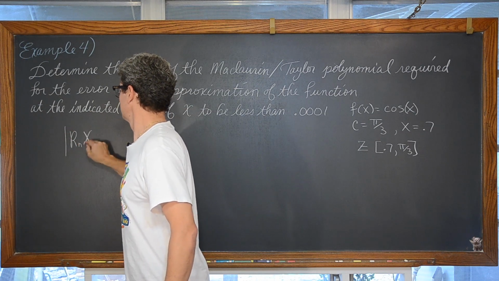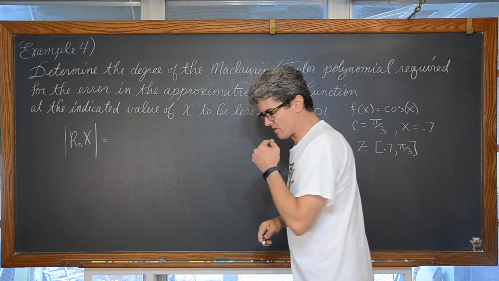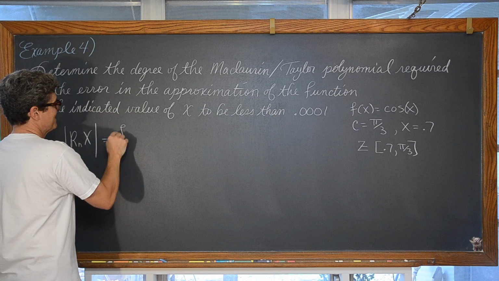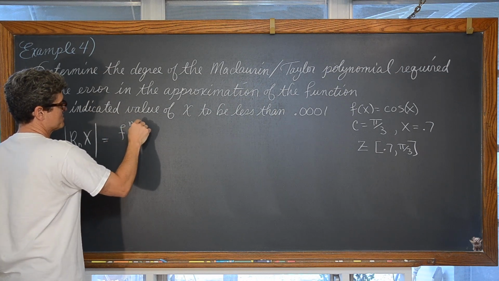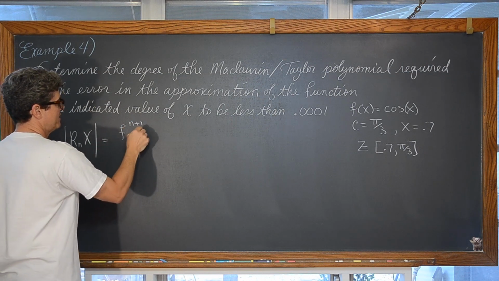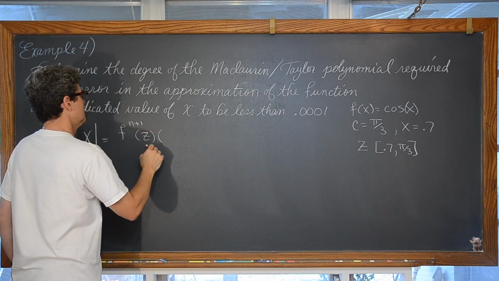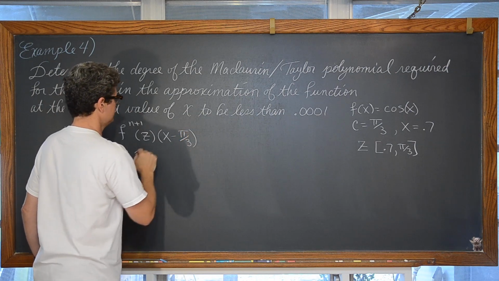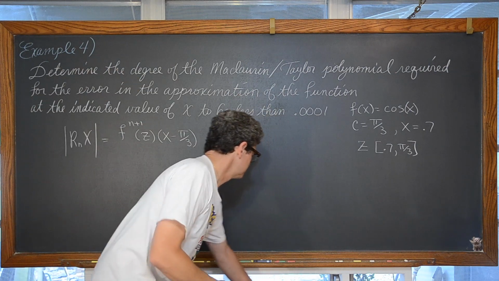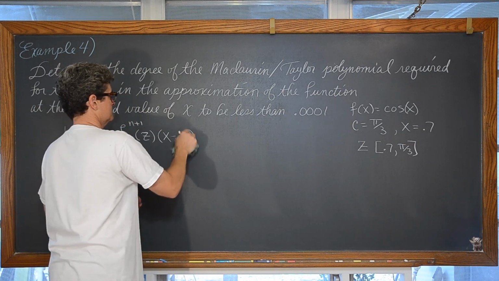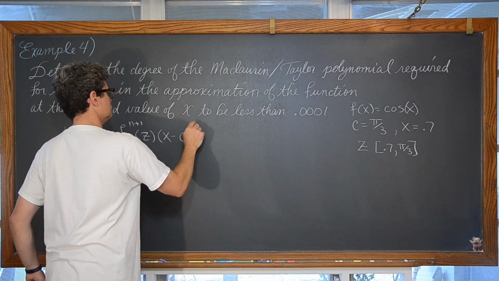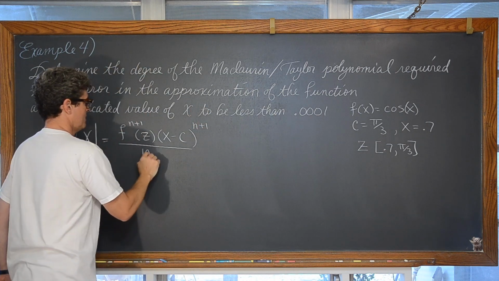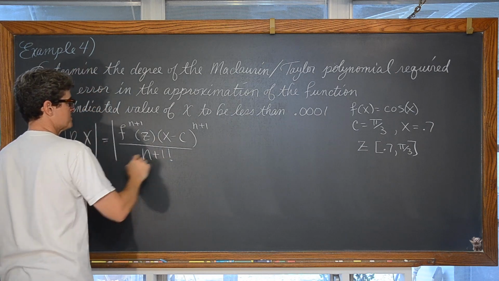So our maximum error, the error, which is the absolute value of the remainder. Okay, so that Lagrange form of the remainder is the n plus 1 derivative of f at z times x minus c, which is our pi over 3. Well, actually, let's just write the formula out. C to the n plus 1 power over n plus 1 factorial, absolute value of that.